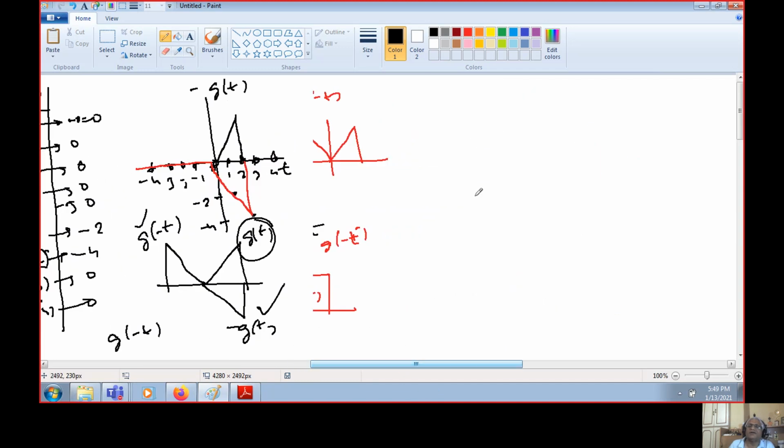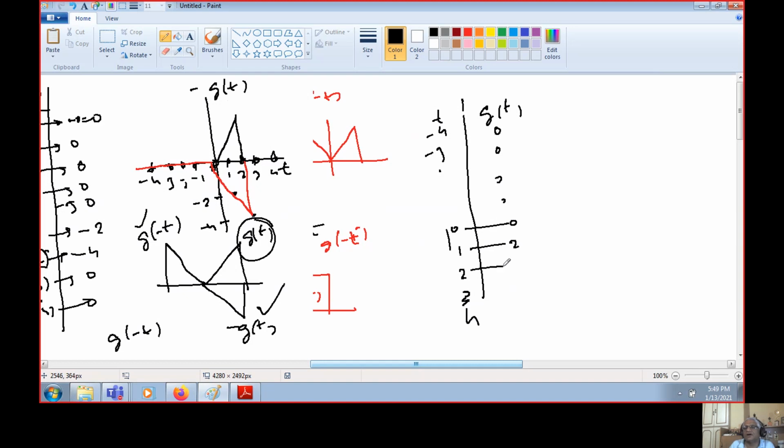So now what you do is you try to calculate. Given g of t, t is there, minus 4, minus 3 and so on. You know g of t is 0, 0, 0, 0, 0 for minus 4 to 0, then at 1 it is 2, at 2 it is 4, at 3 it is 0, and 0. Like this you have g of t. Now try to find out the values for g of t minus 2, using the same formula.